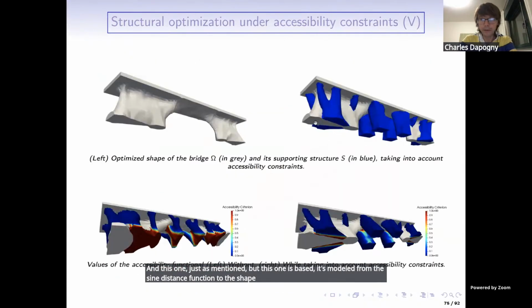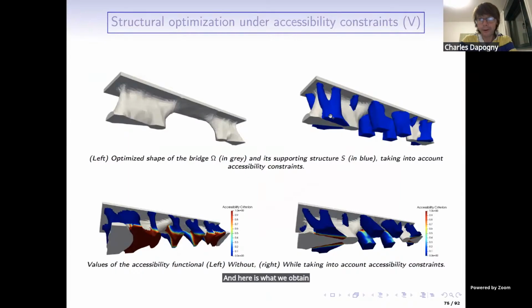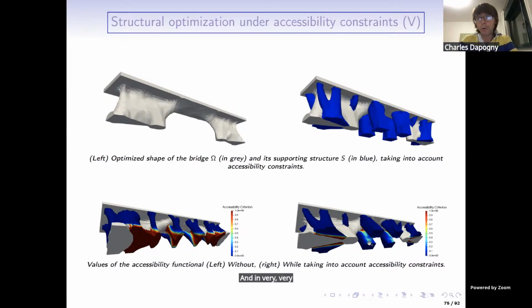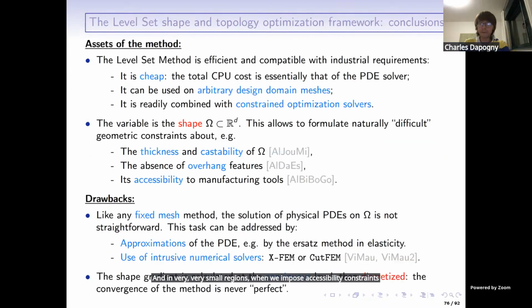And here is what we obtain after imposing this accessibility constraint on the support structure. Now the structure is fully accessible: the accessibility constraint is violated in a lot of regions if we do not impose it, and in very, very small regions when we do impose it.